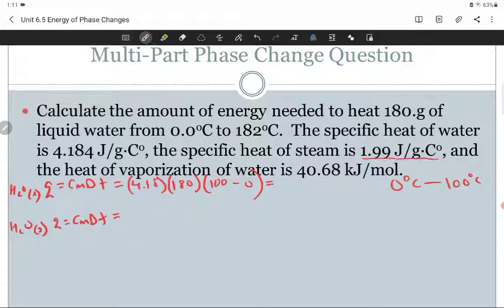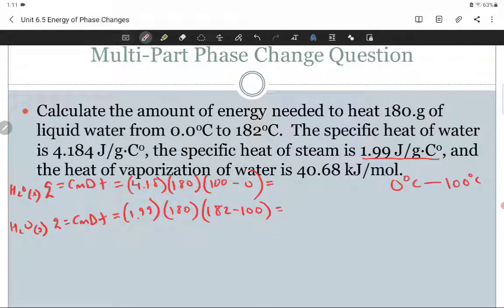And it tells us what the specific heat of the gas is, 1.99. Still the same exact mass, it's just a gas now instead of a liquid. And the gas got to 182 degrees Celsius, and the gas originated at 100 degrees Celsius. So that's going to work.